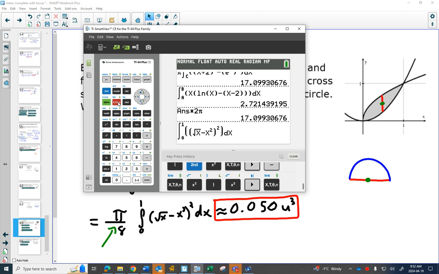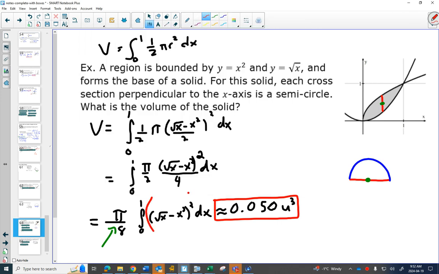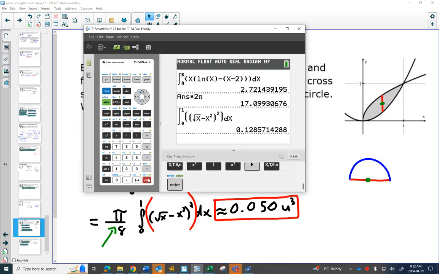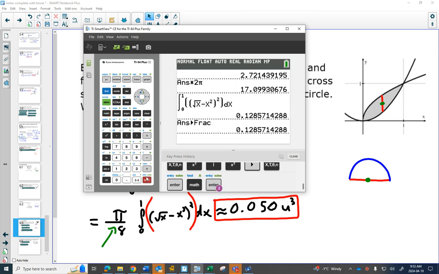So notice that your calculator adds an extra set of brackets around the whole thing. So just look at what I typed in and what's actually there, making sure that it matches up. Okay. Now when I push enter, I get a decimal. I might see if that could change to a fraction. It does not. That's not necessarily to say it can't change to a fraction.